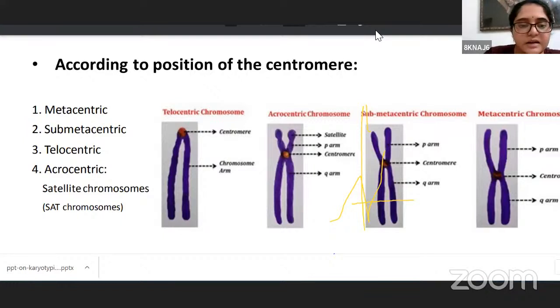Again, control of the cell cycle is based on the checkpoints basically. So if you see, G1 phase, G2 phase, S phase, M phase, all of them have different kinds of checkpoints. So the G1 CDK cycle is based on two kinds of enzymes, cyclins and kinases. We'll come to it sometime.